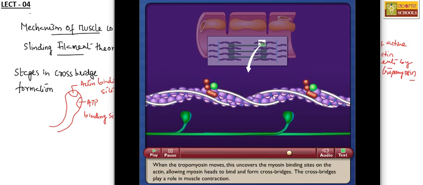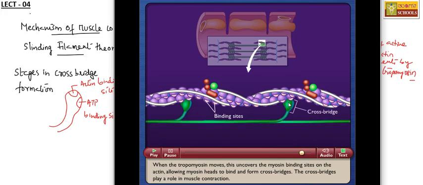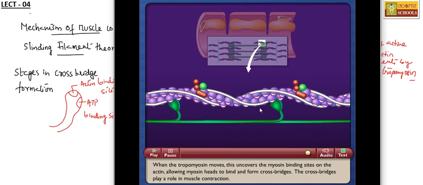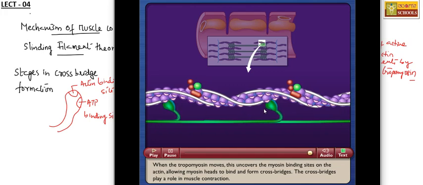The myosin heads, with the short arm, then bind and form the cross bridge, and you can see how they bend using the ATP energy. These are the stages in the cross bridge formation.